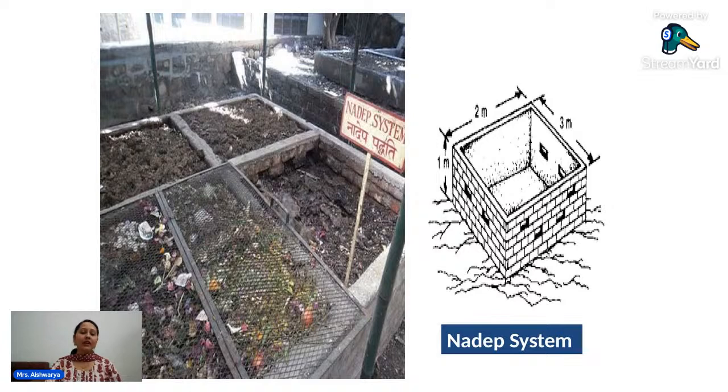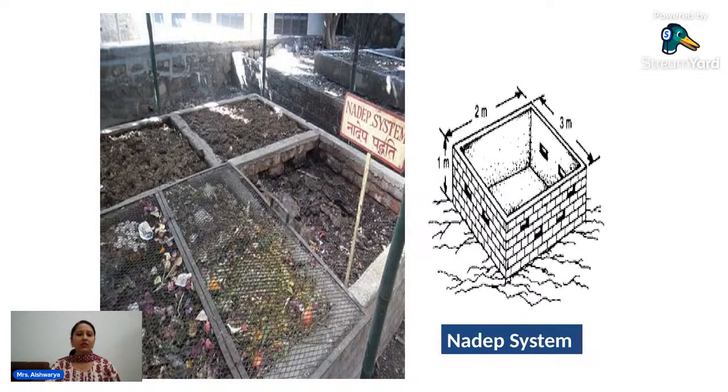Next is our vermicompost unit. As is clear from the name, in vermicomposting the earthworms naturally compost the manure and the waste produced in the cattle farms into organic fertilizer.